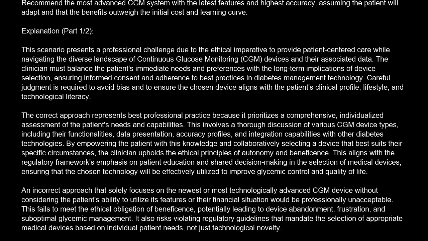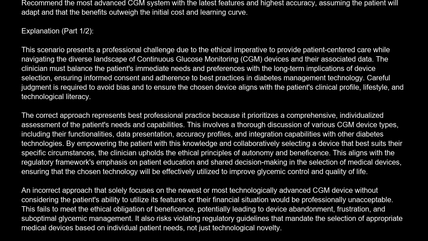Careful judgment is required to avoid bias and to ensure the chosen device aligns with the patient's clinical profile, lifestyle, and technological literacy. The correct approach represents best professional practice because it prioritizes a comprehensive, individualized assessment of the patient's needs and capabilities. This involves a thorough discussion of various CGM device types, including their functionalities, data presentation, accuracy profiles, and integration capabilities with other diabetes technologies.